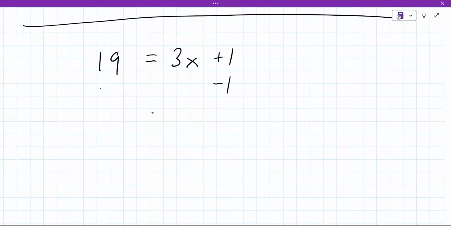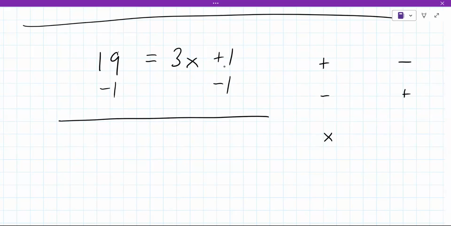So you're going to subtract 1, subtract 1. You always look at the side with the variable and then undo whatever you've got there. Which it's really not that bad. You undo addition with subtraction, you undo subtraction with addition, you undo multiplication with division, you undo division with multiplication.